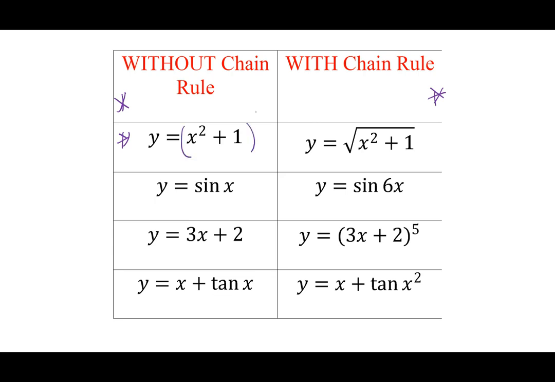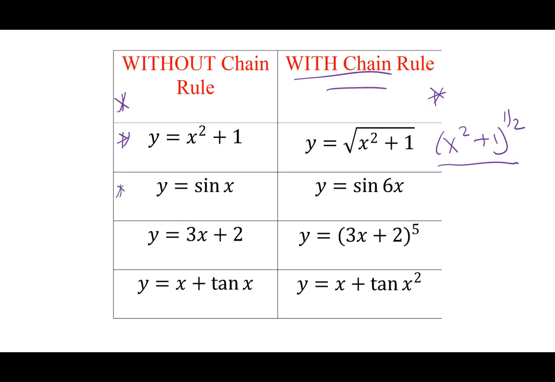You could technically write it to the first, but as long as you can write it only to the first, then you wouldn't do that. Compare that to the one on the right, you would write this as x squared plus 1 to the 1/2, which means you would have an inside function of x squared plus 1. You'd have an outside function of something being raised to a half. So a more complicated problem with a more complicated exponent, that's where you have to use the chain rule.